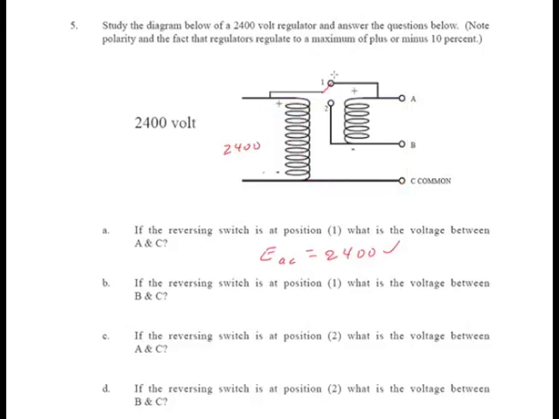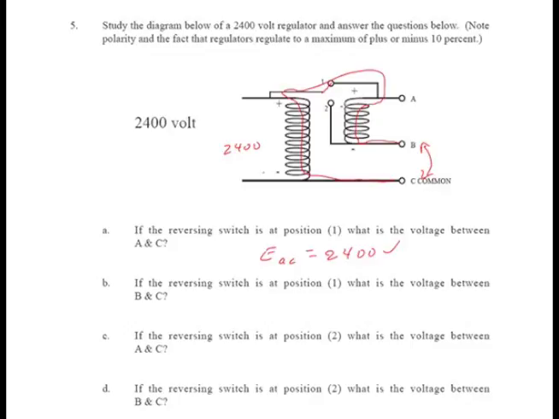You're still connected in position 1, but now between A and C, you're going to go through this coil, down through this coil, and over to B. So really, this voltage between these 2 points is the sum of these 2 voltages.